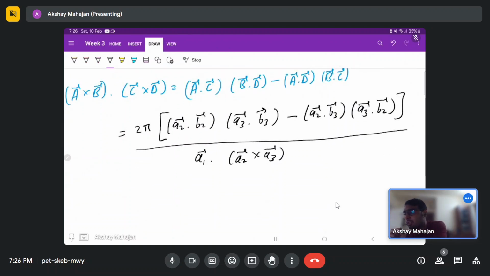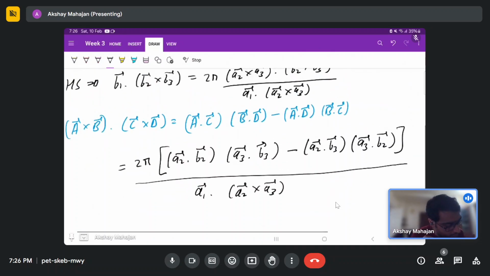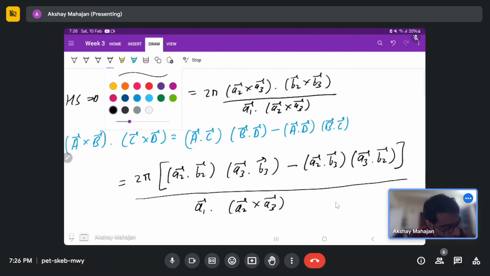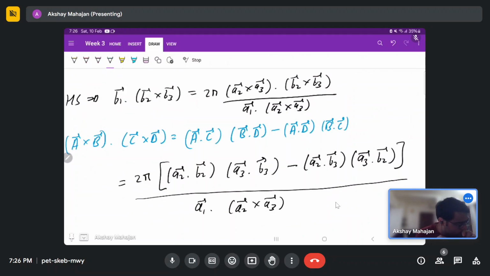Now we know that this e2 vector dot b3 vector is going to be 0, and e3 vector dot b2 vector is also going to be 0.